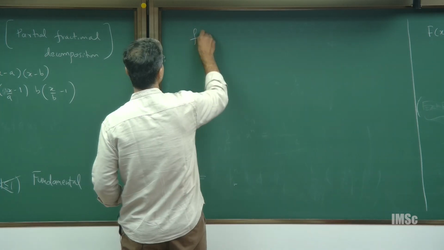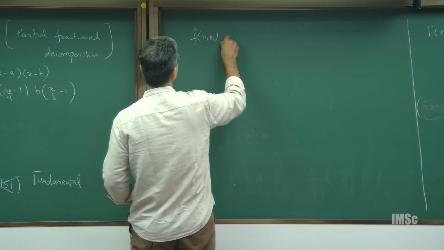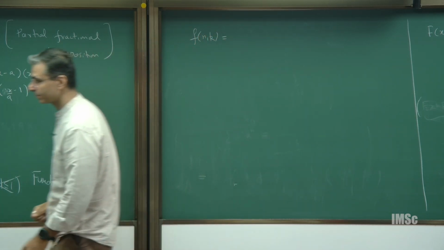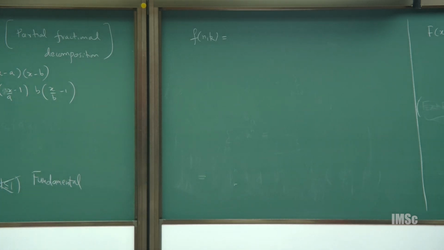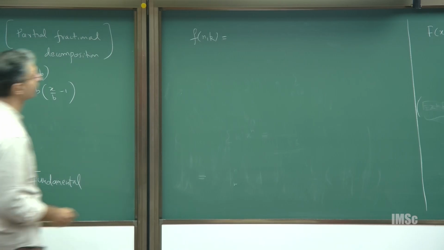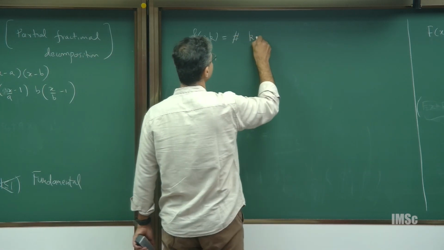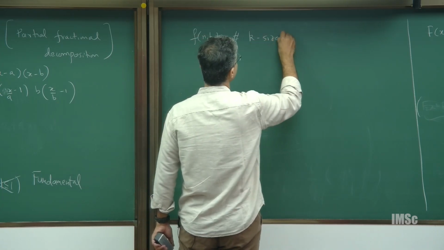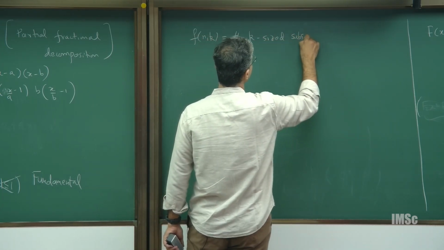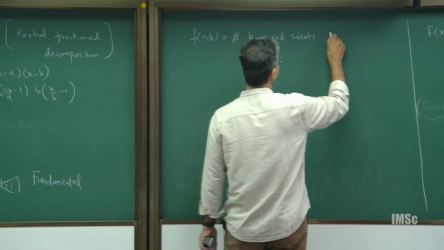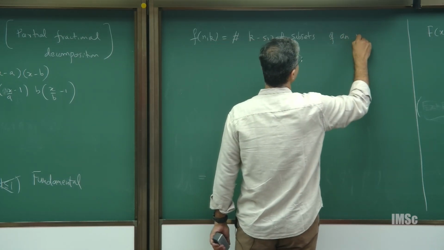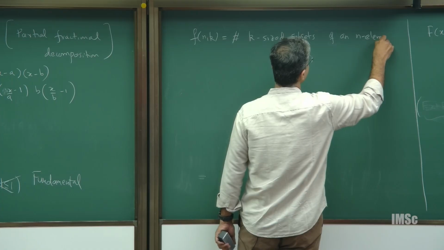So, let f of n and k be the number of k size subsets of a universe of size n.